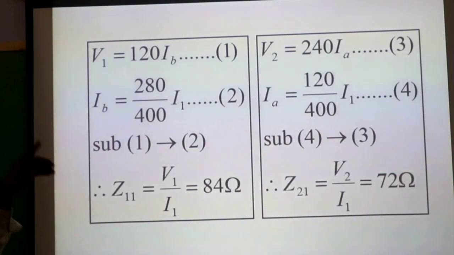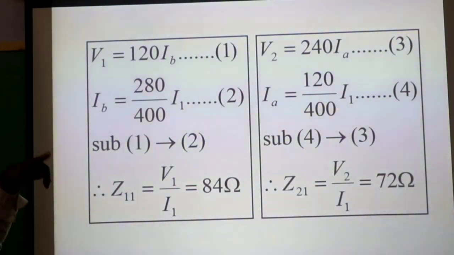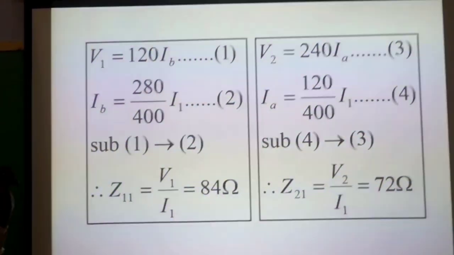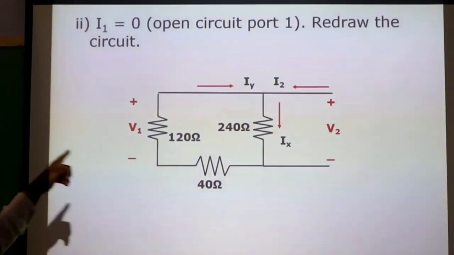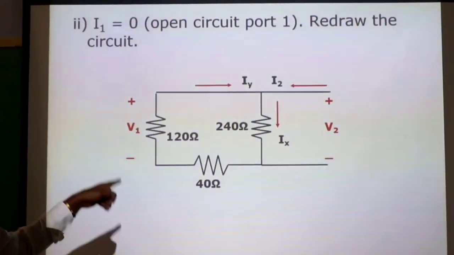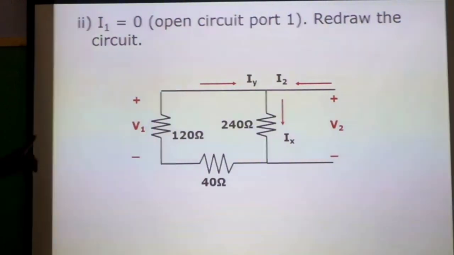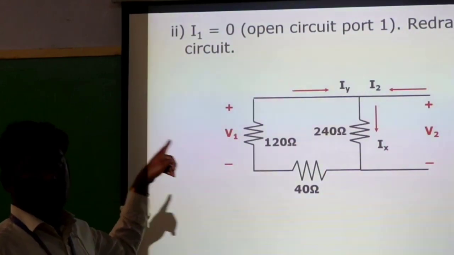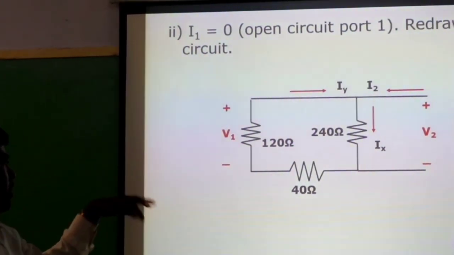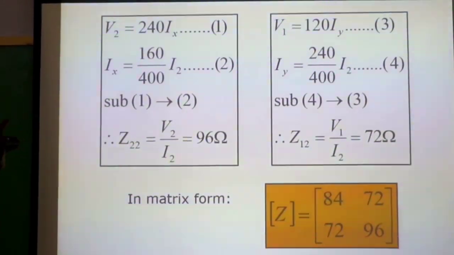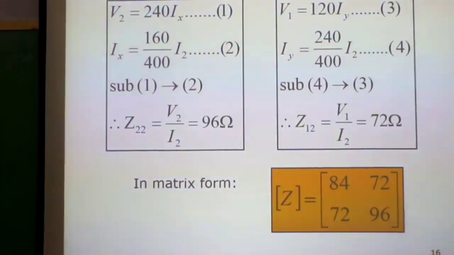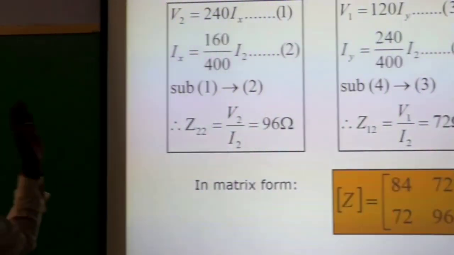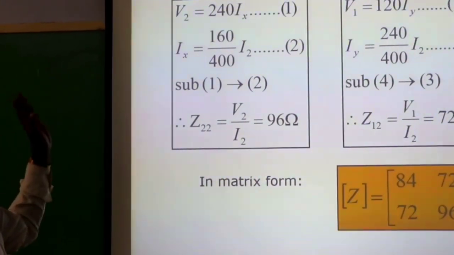With I2 equal to 0, the first equation gives V1 as 120 into Ib, and Ib is found like this: 120 divided by 240 into 40, that is, the total sum of resistance divided by the particular resistance. Next one. 160 divided by 400 I2. The total resistance equals 400 and the particular resistance equals 160.